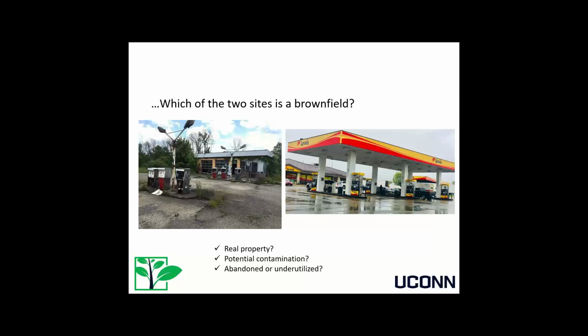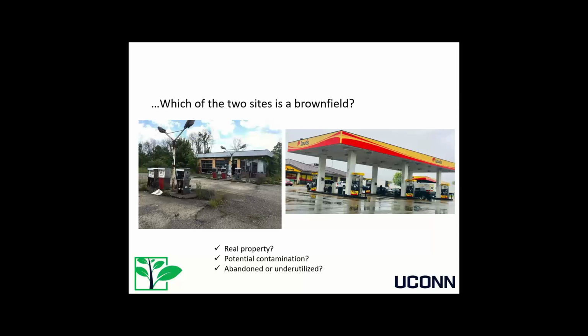Obviously, in the left picture, the property is no longer in use, so it looks abandoned. On the right side, it's an active facility. So in that case, the left side is a brownfield because it meets all three criteria, and the right side is not a brownfield. It's probably a privately owned site that is fully active.